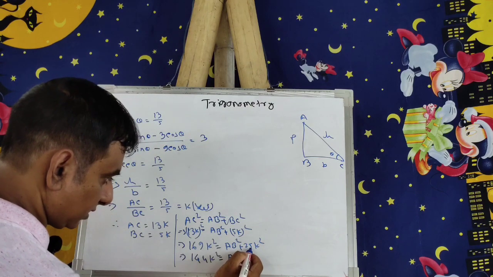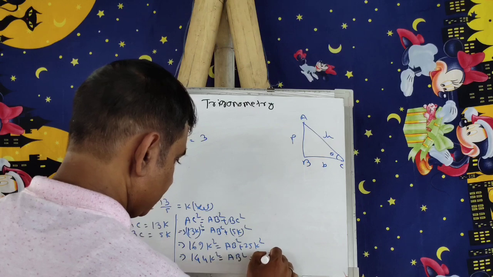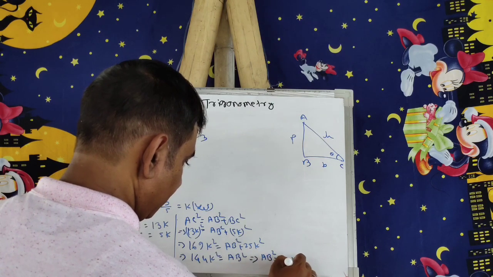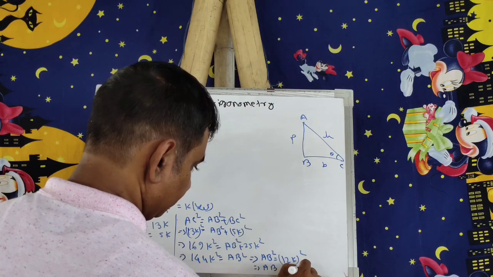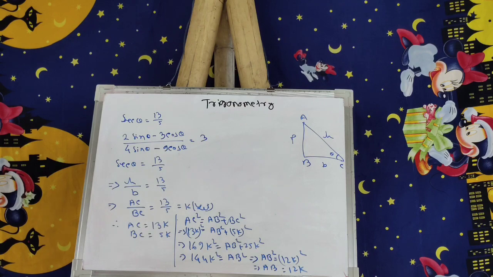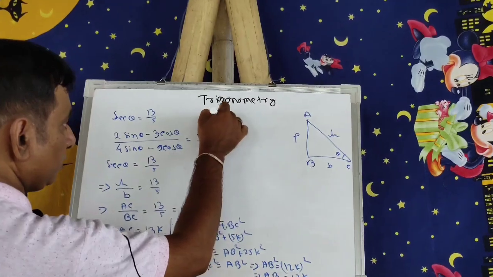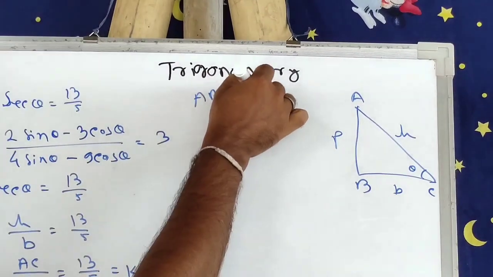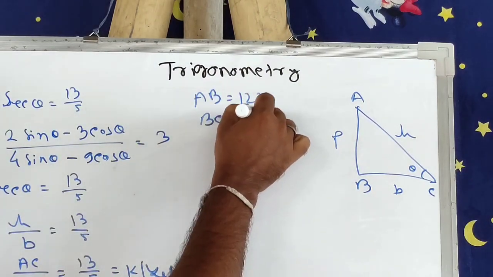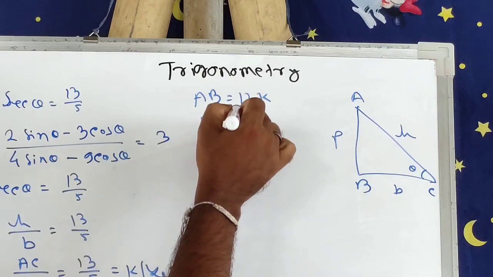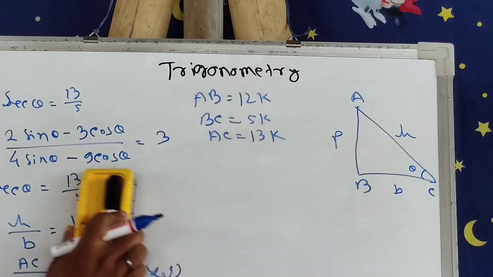Understood na? I just transferred the 25K square to right hand side. So, AB square is equal to 12K whole square. So, AB equal to 12K. Okay, good one. So, from this AB equal to 12K and BC equal to 5K and AC equal to 13K. Good.